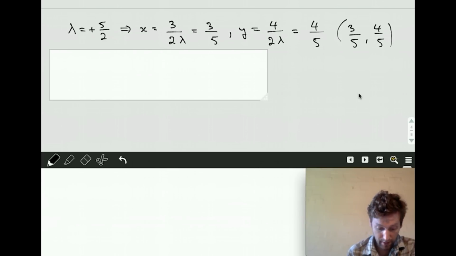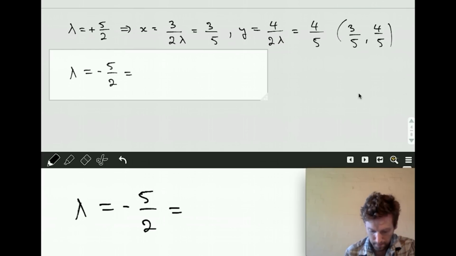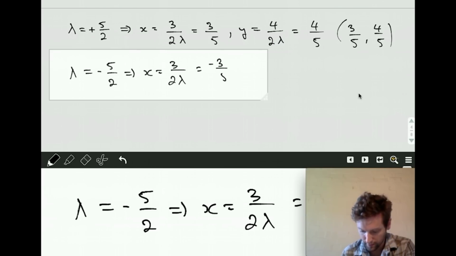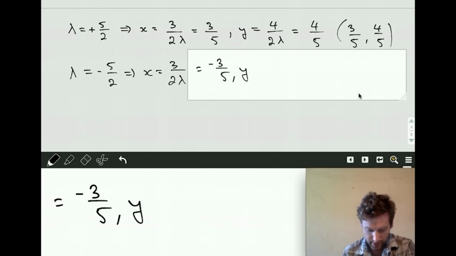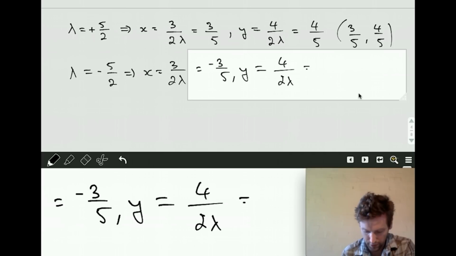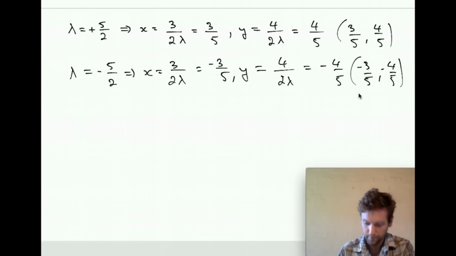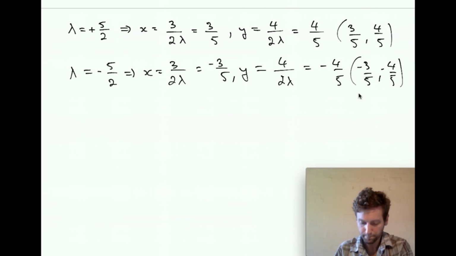We can do the same thing for lambda equal to minus 5 over 2. So again, x is equal to 3 over 2 lambda, which gives me minus 3 over 5. y is equal to 4 over 2 lambda, which gives me minus 4 over 5. So we get the point minus 3 over 5, minus 4 over 5. Those are our 2 points.